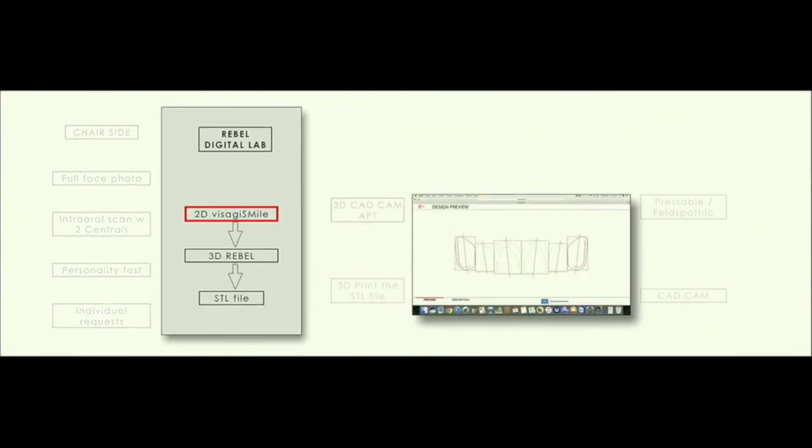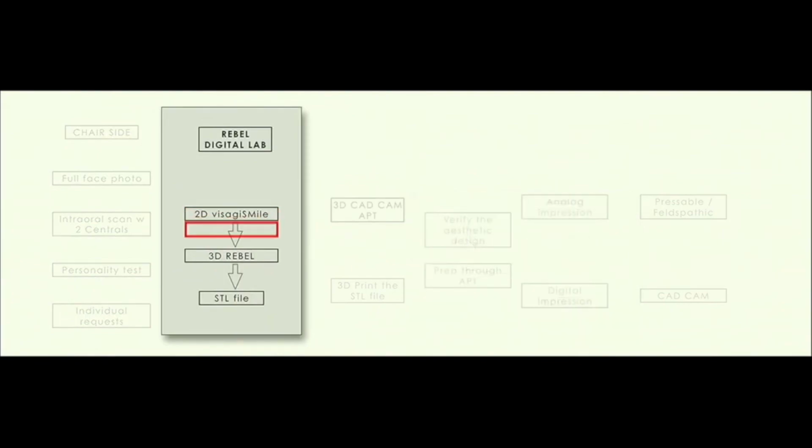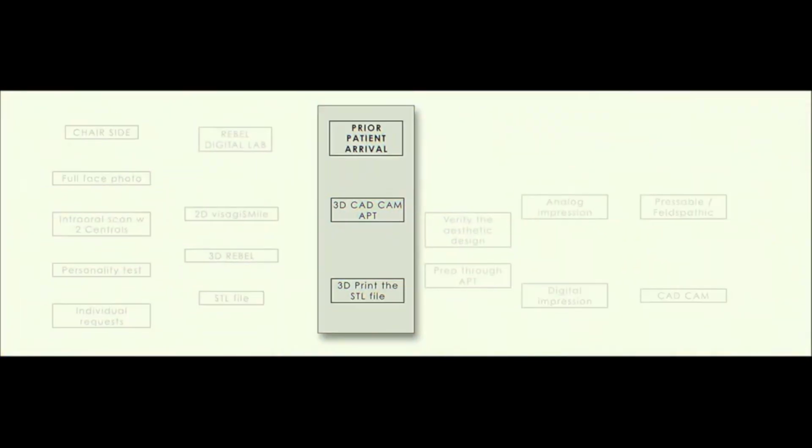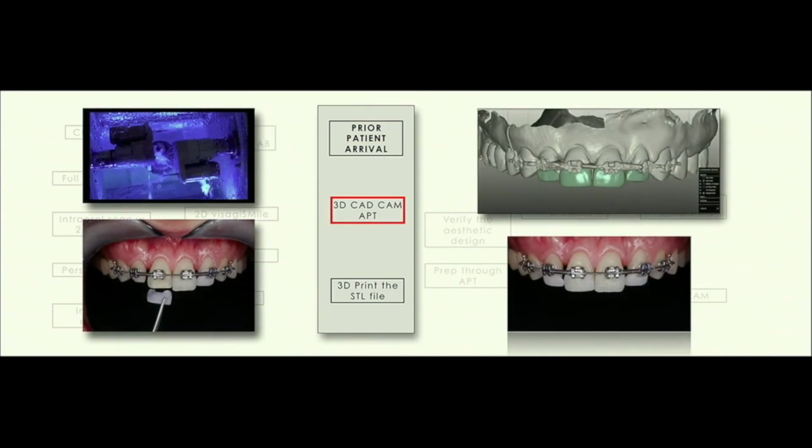So then, in the Rebel lab, we get this into 2D smile design, immediately converted to a 3D STL file, and this STL file is sent to us digitally in our offices. So just before we see the patient for the final appointment, we have two ways to go.